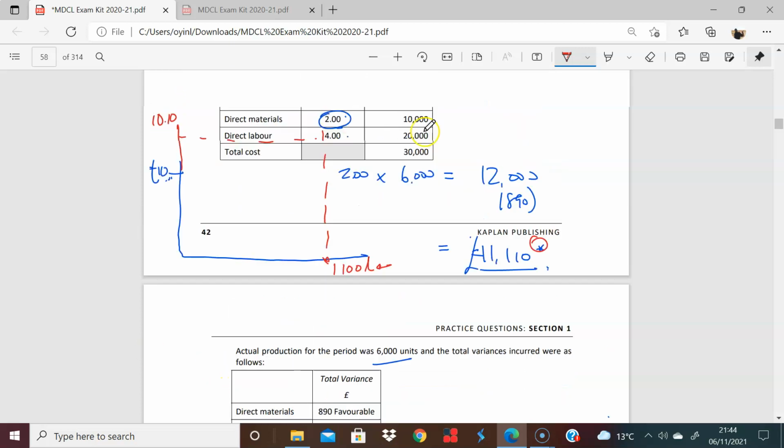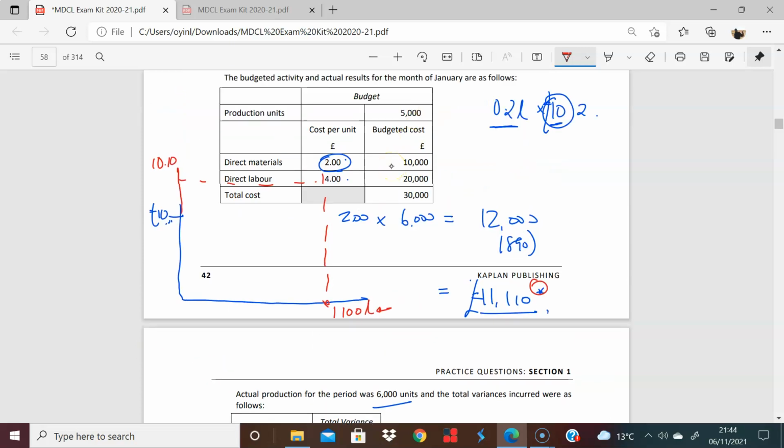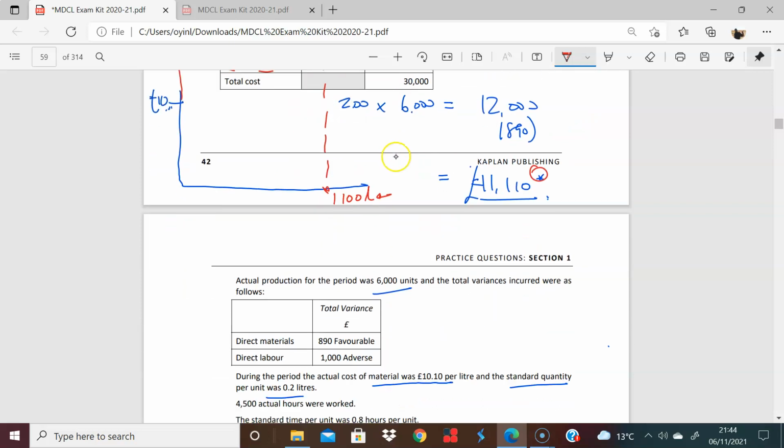Now, I'm almost there because my information is getting better. Now the question here is, well, if you're supposed to use 0.2 liters per unit and you're making 6,000 units, so 0.2 times 6,000 units, that means you're supposed to use 1,200 liters, right?